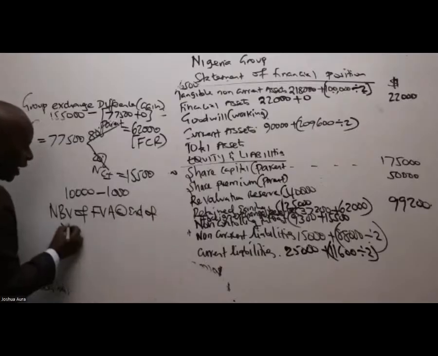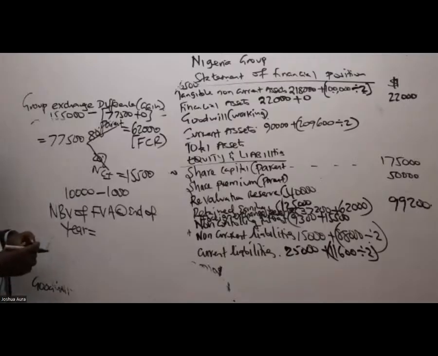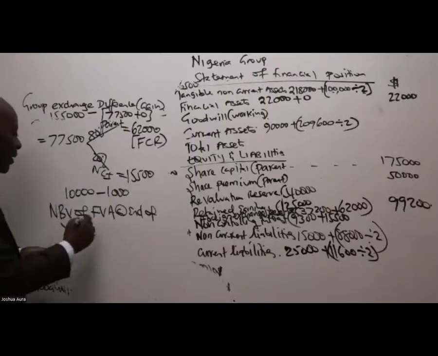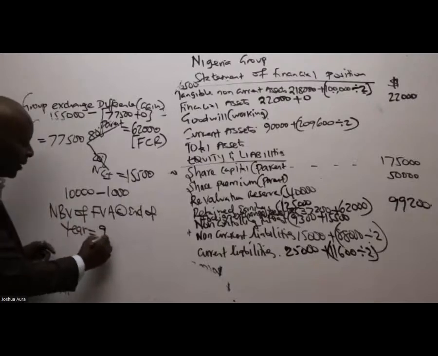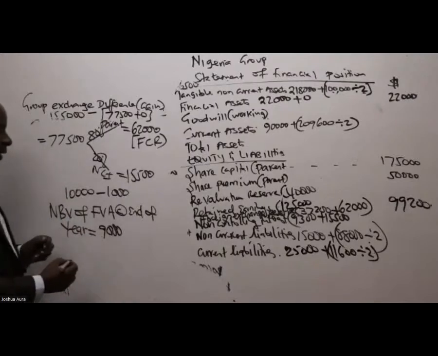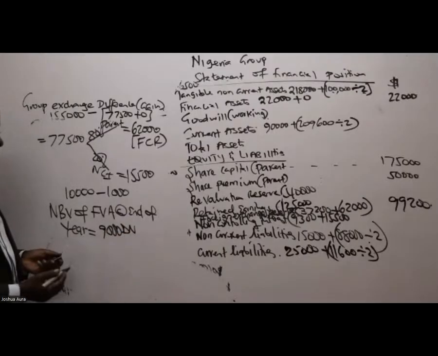This will be 10,000 minus 1,000, which gives me 9,000 DN.